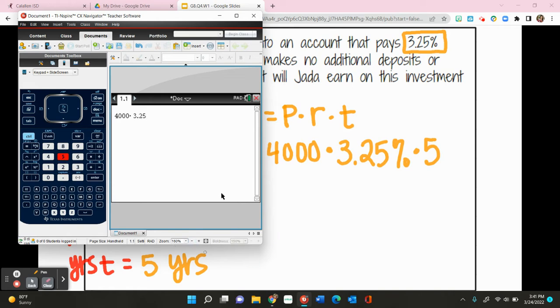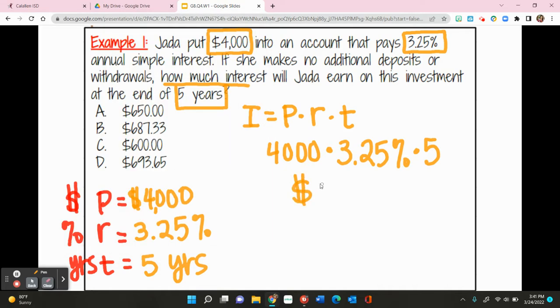To get the percent symbol, remember, you click on the symbols button, which is right next to the letter G. It'll pop open, and the percent sign is at the very end. So percent times 5. Here we see that the amount of interest earned on this investment is $650. So our answer is going to be A. That is if you're finding annual simple interest.